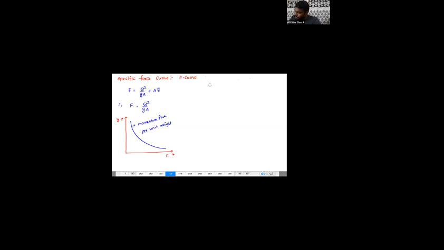So for F equal to A into Z bar, on the x-axis this is F, and on the y-axis this is Y. As F is equal to A into Z bar, directly proportional means the graph is going to be rising.